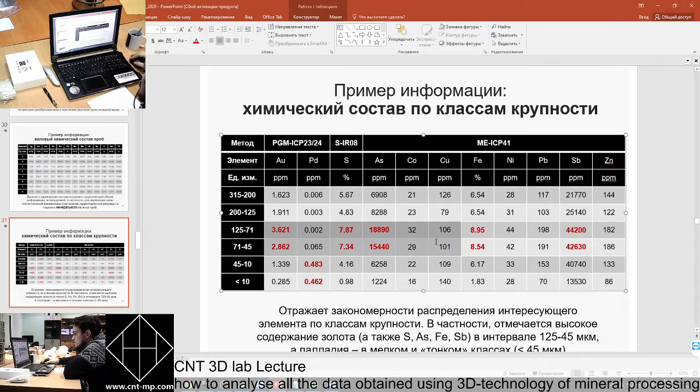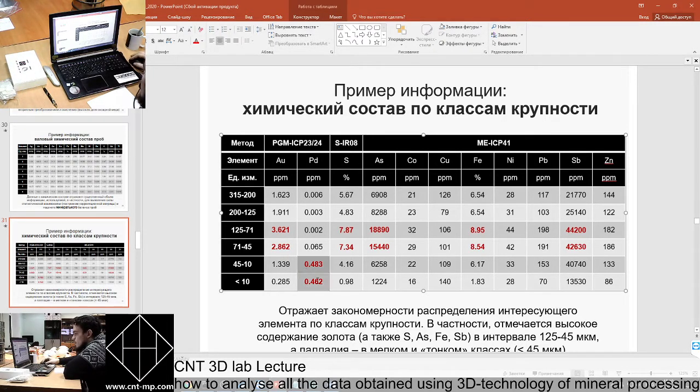These two fractions are very rich in gold, but also they are rich in sulfur, arsenic, iron and antimony. So this would be a case for technologists to make a proper separation of that.